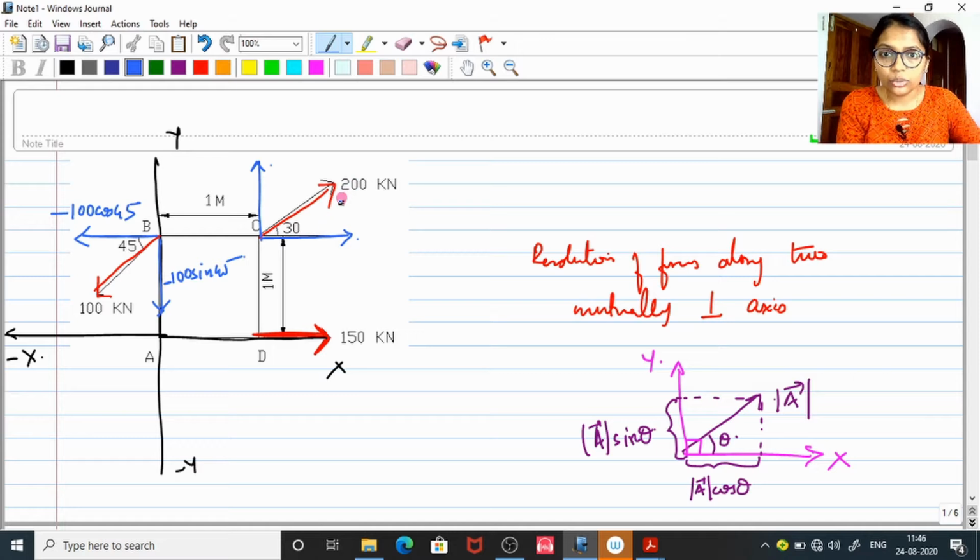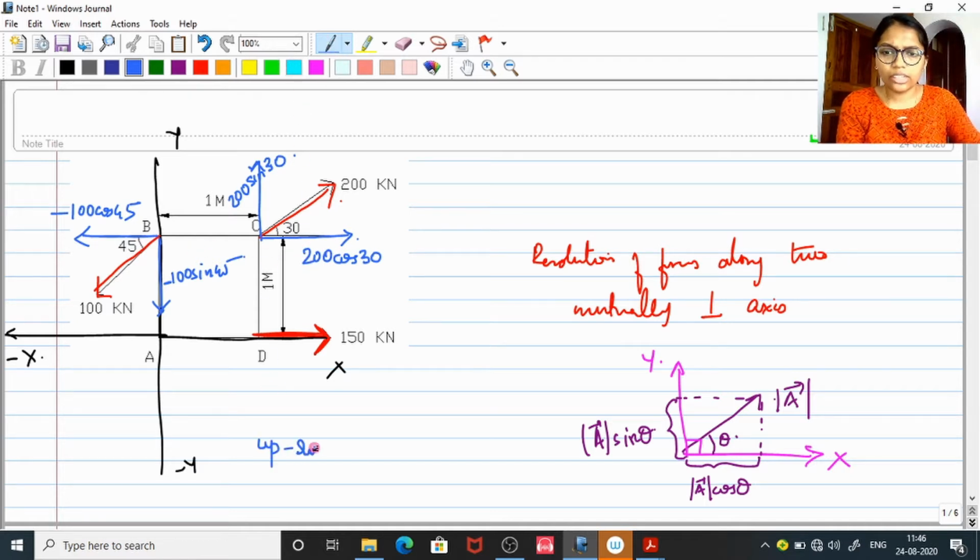And here again 200 kilonewton, and it is 30 degrees inclined along the positive x side, isn't it? So this is 200 cos 30, because this side is nearer to 30, and this side, which is opposite or away from 30, is 200 sin 30. Both have positive signs because they are directed towards the positive y-axis and positive x-axis. If you have any confusion about the sign, I will give you a trick.